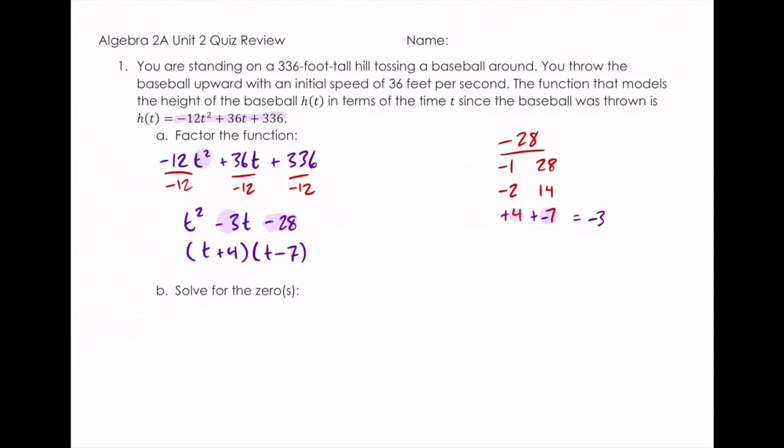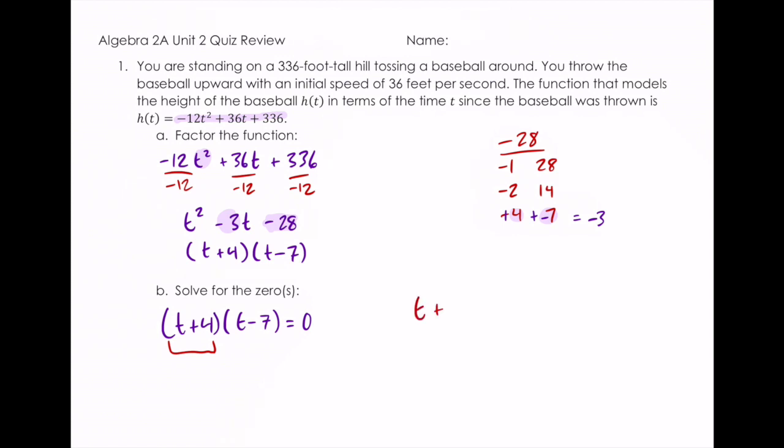Okay, in our next step, we want to solve for the zeros. So I'm just going to take my answer from before and set it equal to 0. So when I set something equal to 0 that has parentheses like this, I'm going to take each part separately and make it equal 0.